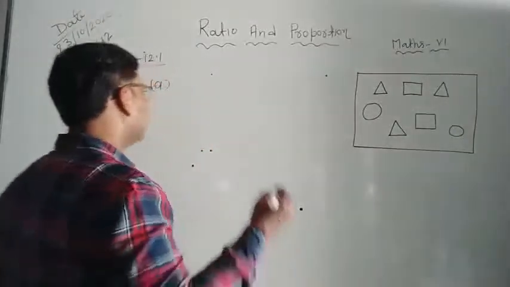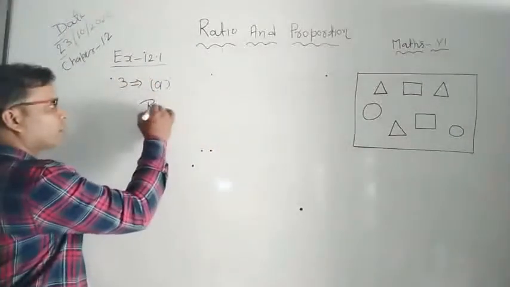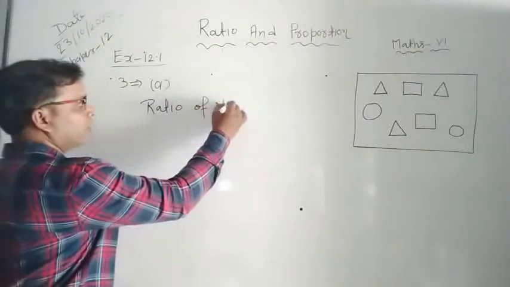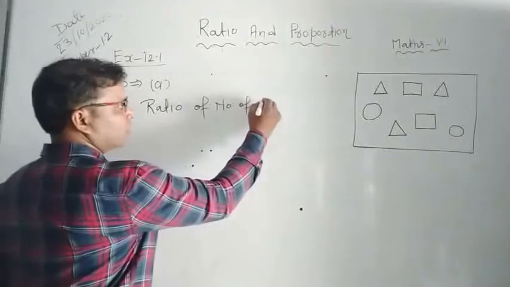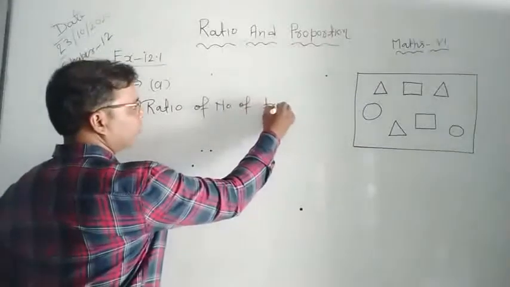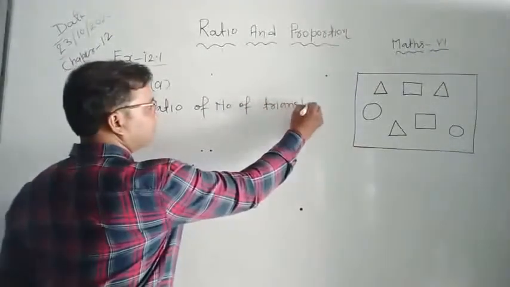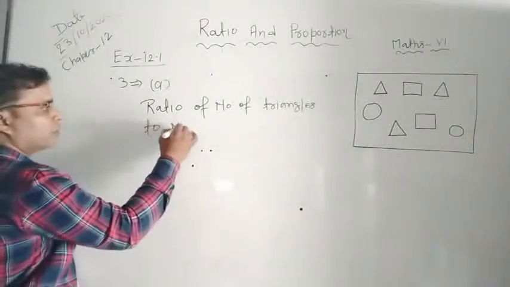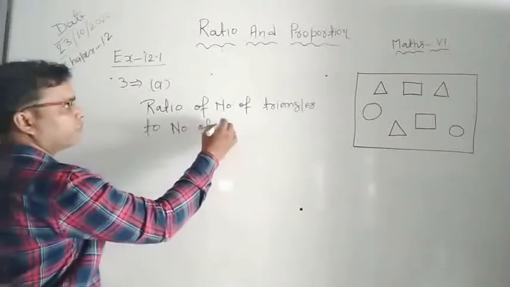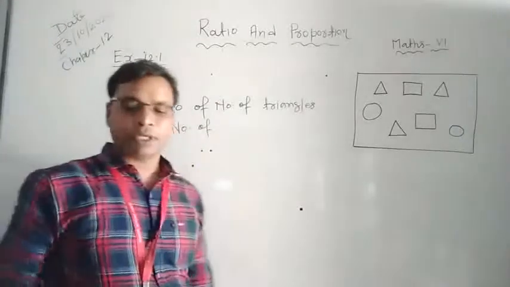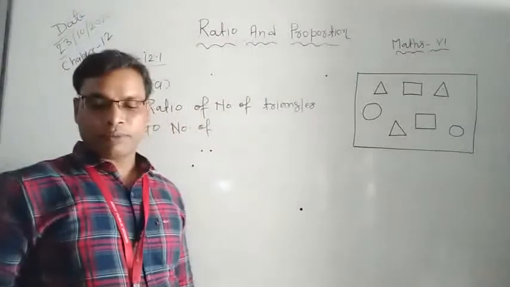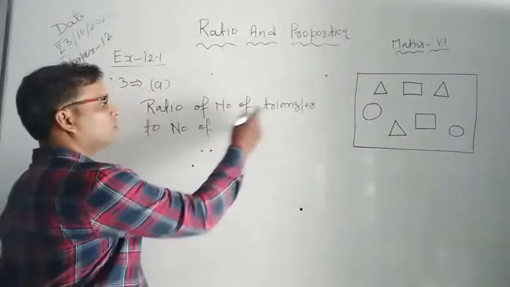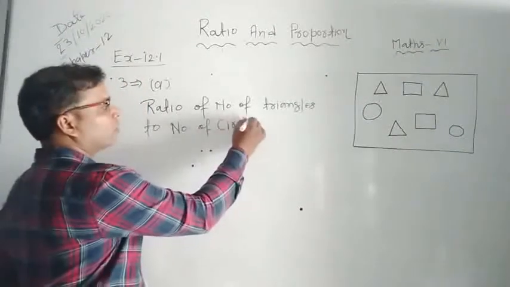Okay, so you can write here: ratio of number of triangles to number of circles.